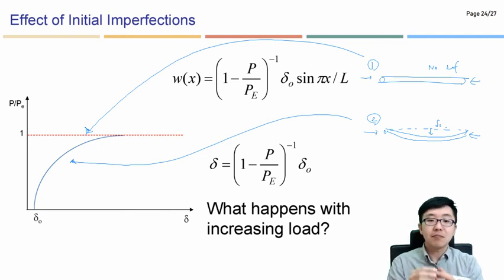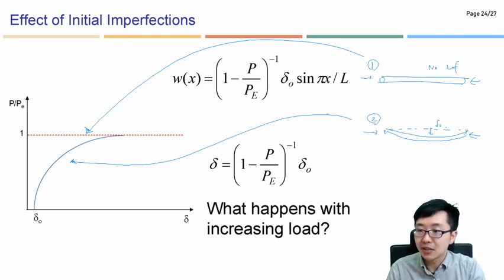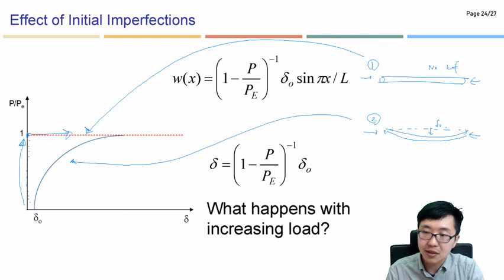Once we apply the load to our perfectly straight column, even if we apply the load from the beginning up to a certain amount, it will maintain the straight shape. You can see here it will move up to here, then suddenly it will buckle.